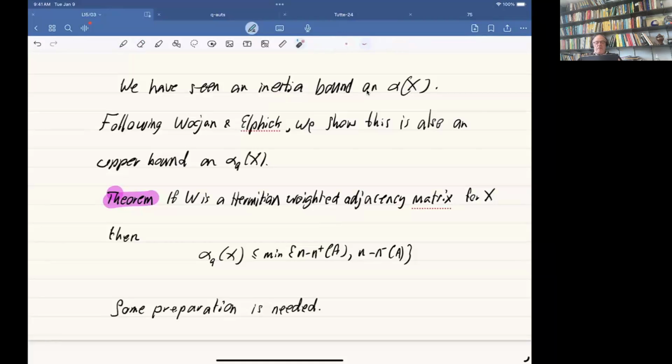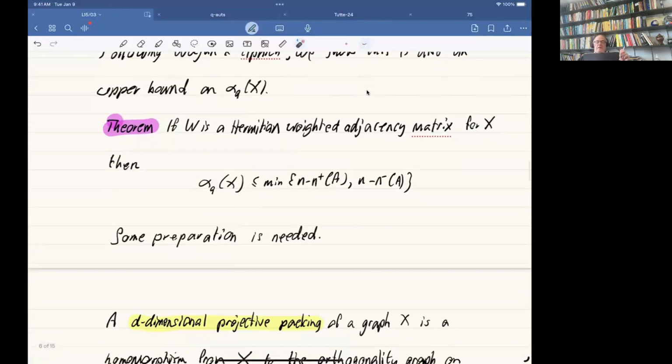The claim is that we have a Hermitian weighted adjacency matrix for X, so the ij entry is zero whenever i is not equal to j and they are non-adjacent, and it's Hermitian. Then the quantum co-clique number is bounded by the number of non-negative and the number of non-positive eigenvalues. So same bound as before. And this is a strengthening of the inertia bound on sizes of co-cliques.